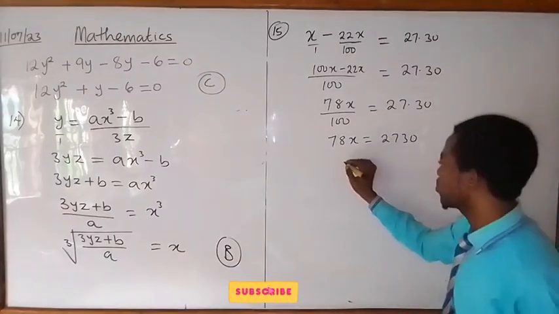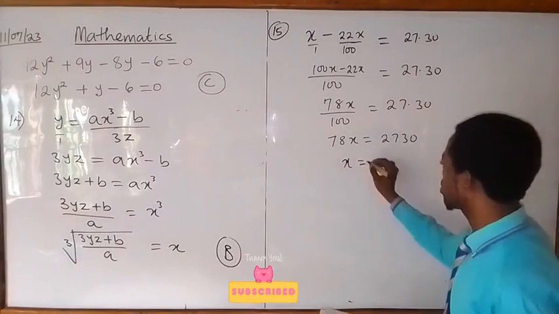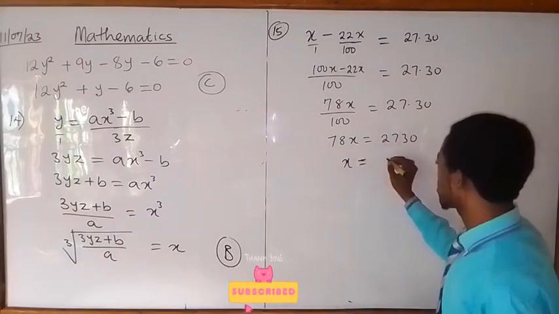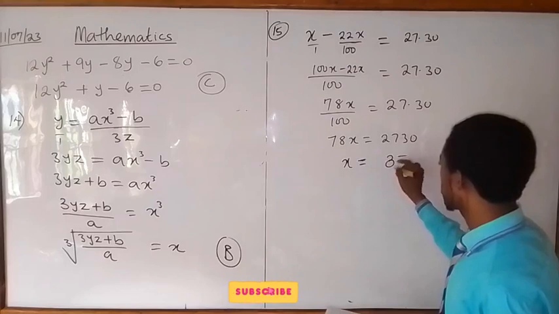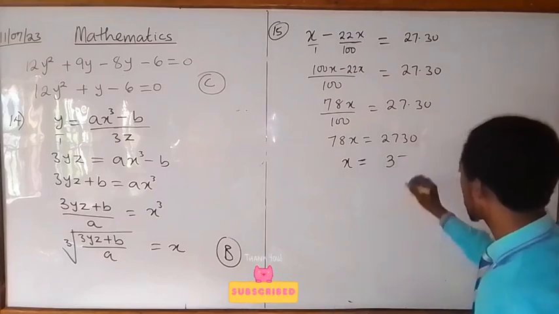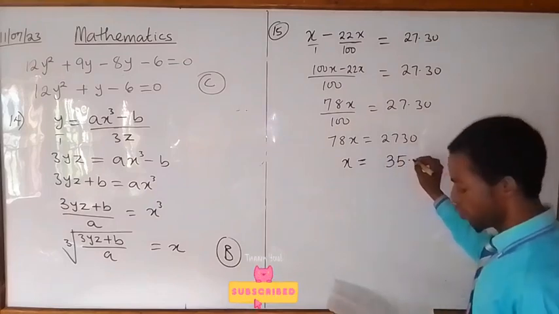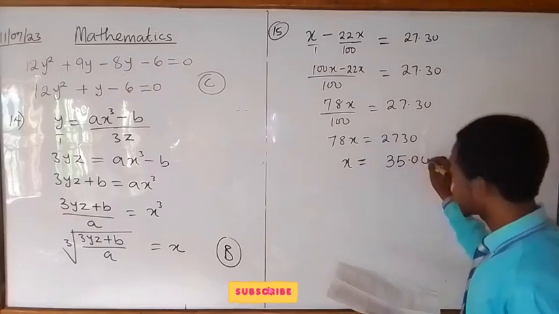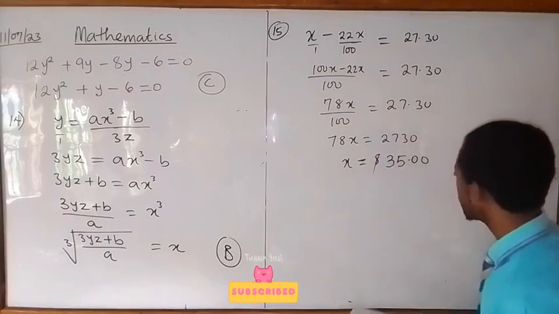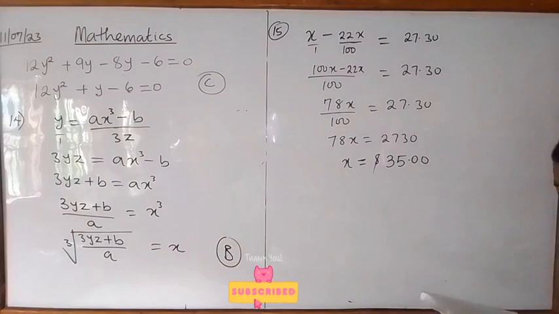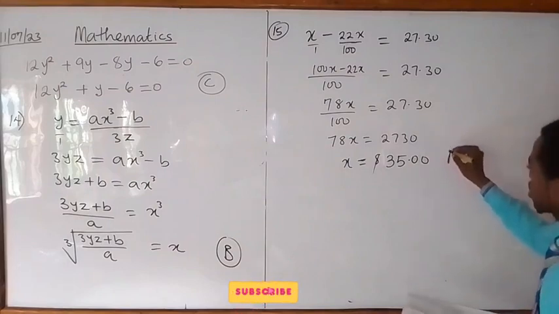Without wasting time, you divide both sides by 78 and you get your result, which will be $35. Dividing with your calculator, that's $35.00. That is option D on this question.